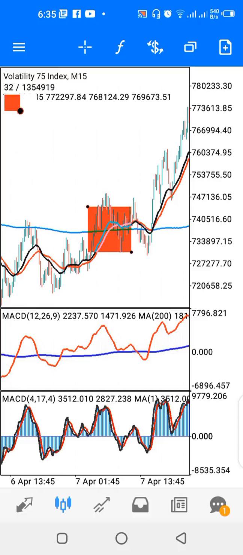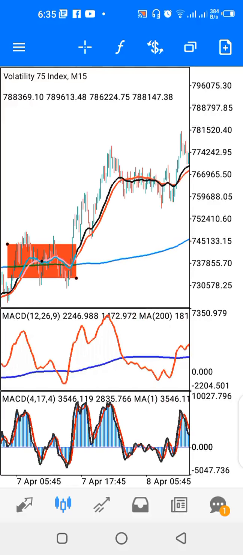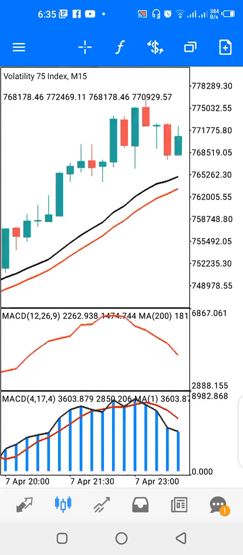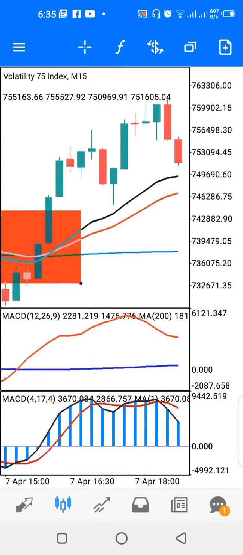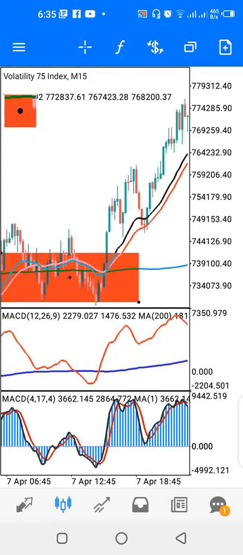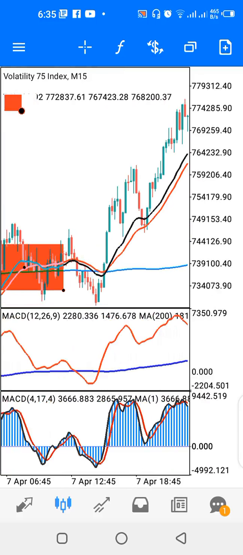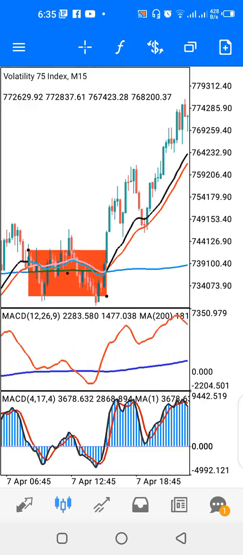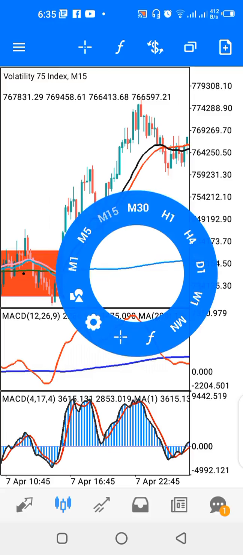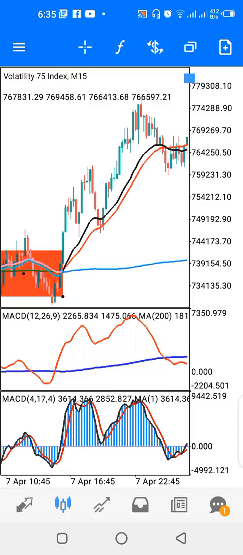Now I'll take the trade when I have a retest. The crossover is right here. I'll only take the trade on the main chart if I have a retest of the black and red line, like I have around here.